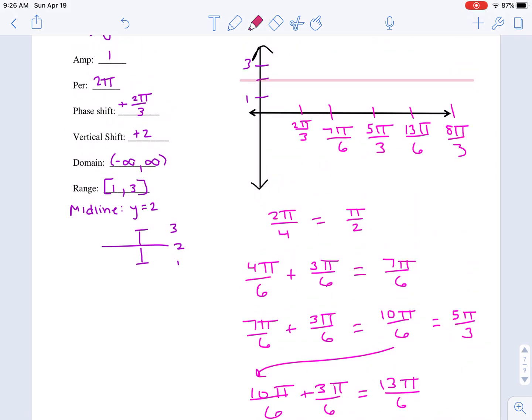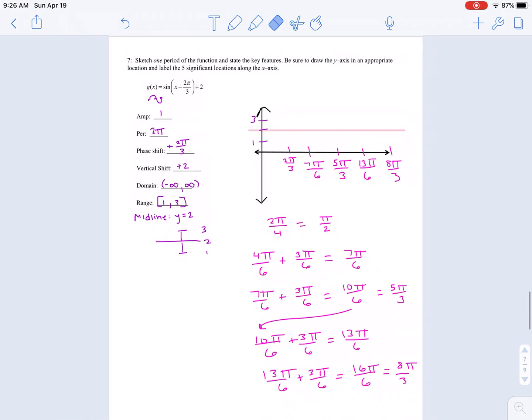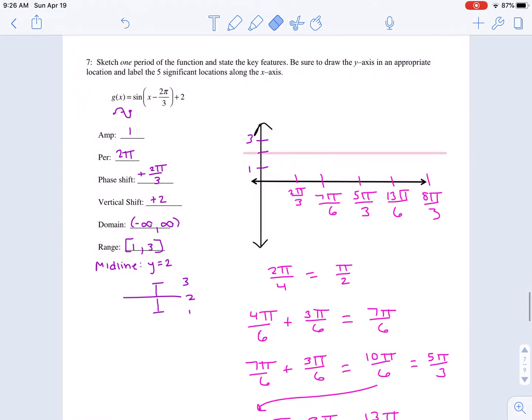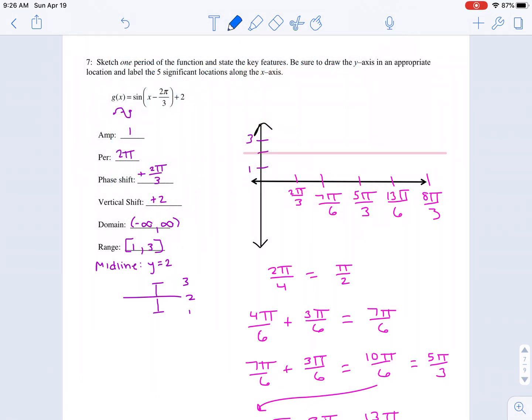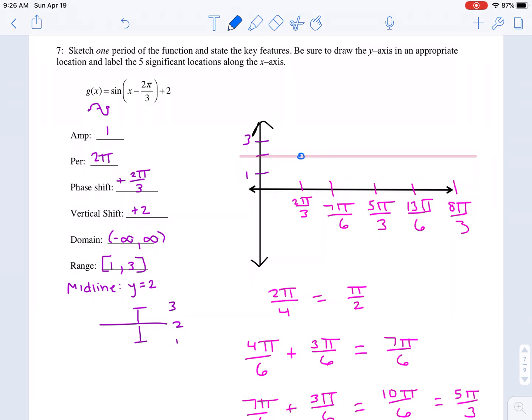I'm going to check, make sure I have the right number of intervals, 1, 2, 3, 4. So I do have the right intervals here. And now what I'm going to do is I'm going to draw in my shape. So my shape starts on the midline, and we've shifted that over, right? So it's not on the y-axis anymore.